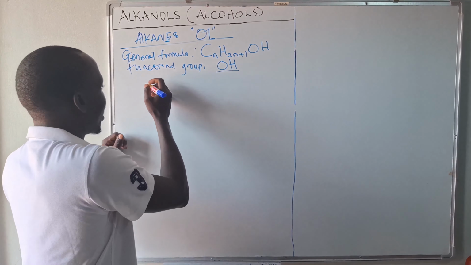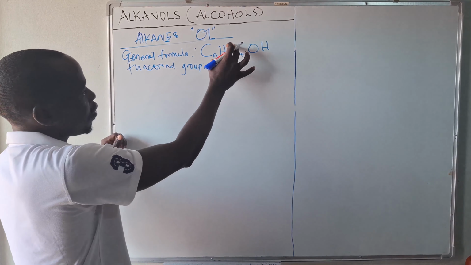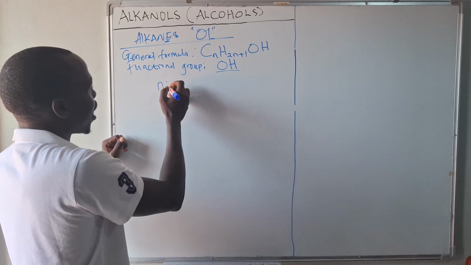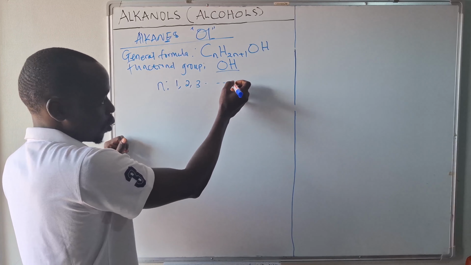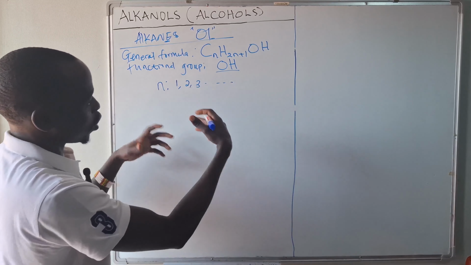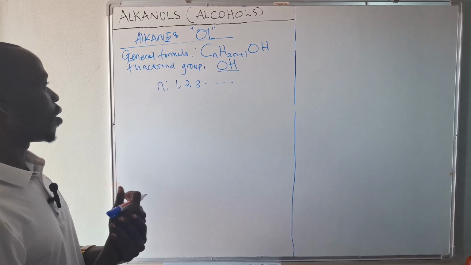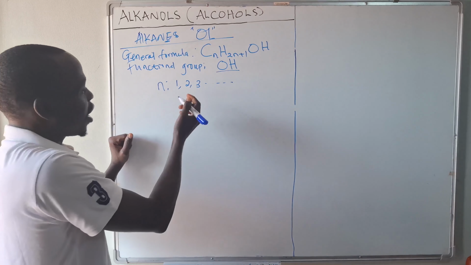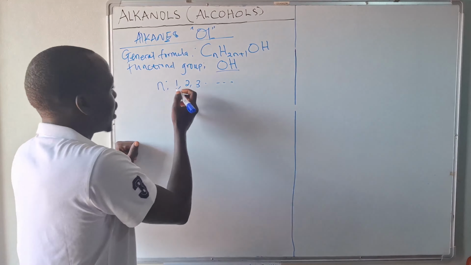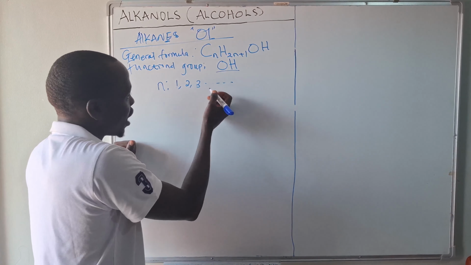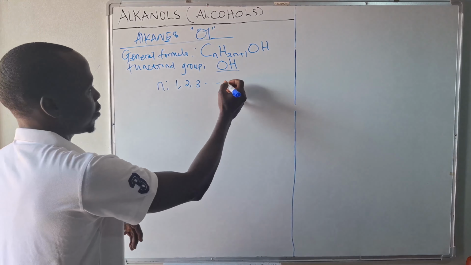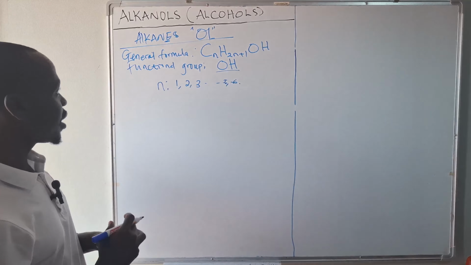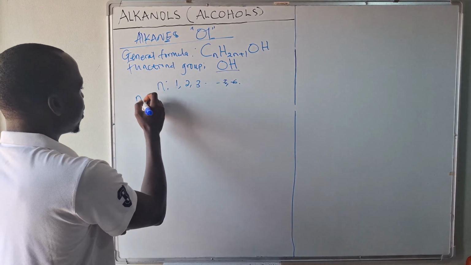We shall be given n because from this general formula, we are saying that n stands for 1, 2, 3, up to. In most cases, we stop at 10 or 12. But what we are going to consider in most cases in this chemistry is from 1 up to around 6, or around 5. So let's see if I'm given n to be 1.